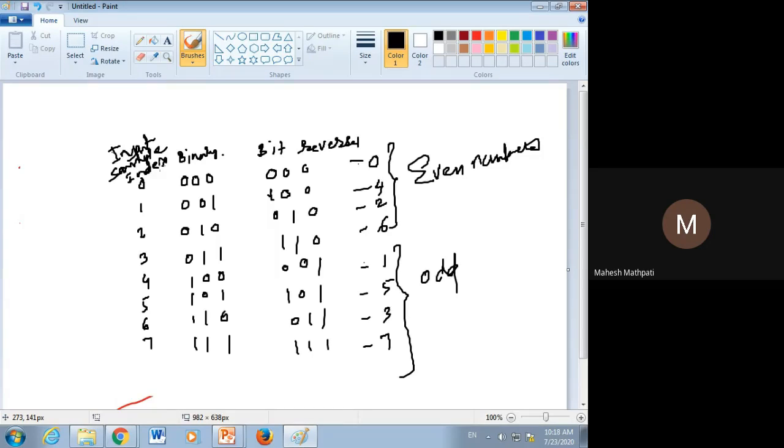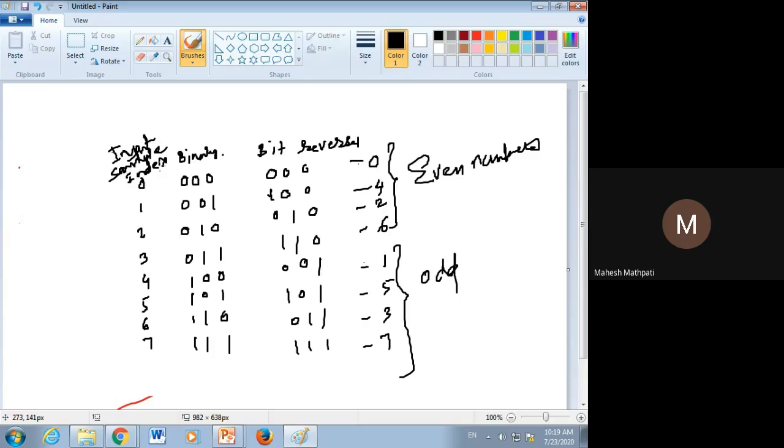For an 8-point DIT algorithm, the input sequence is what we will write?